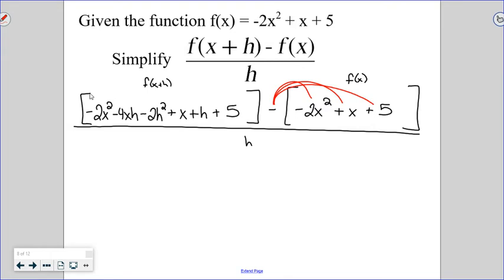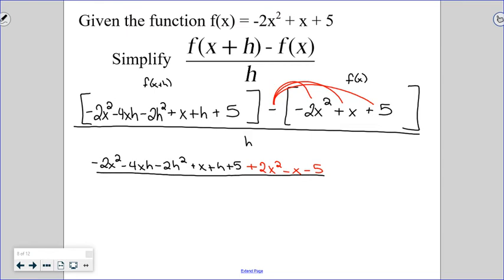Okay, but I have to distribute that negative through, and that's very important because it's going to make this clean up super nice, and I will tell you that these next two steps will always, always happen. They'll look a little different per problem, but the result will be the same, okay? So if I do that, I'm going to switch colors here just so you can see my second function. A negative times a negative would be a positive 2x squared minus x minus 5.